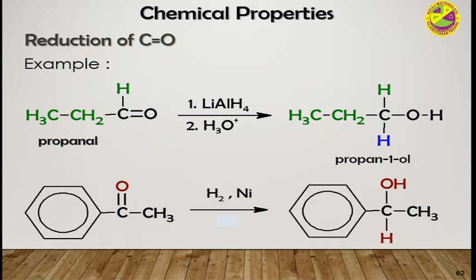For example, we have propanal that is being reduced to propanol. The same goes for the following examples. The C double bond O is lost. The carbon is now attached to OH and another hydrogen.